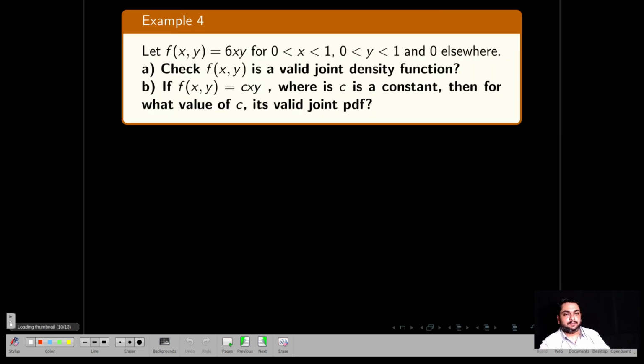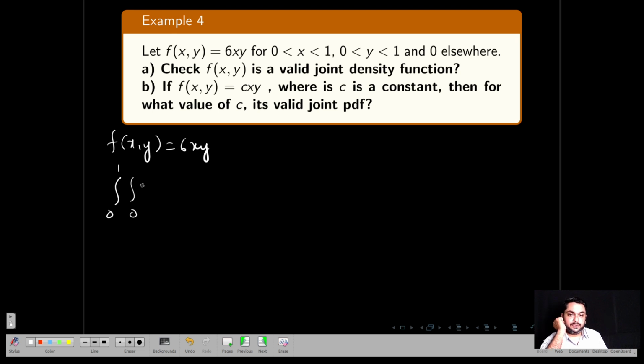Next, one more example we take. They are given f of x comma y equal to 6xy. They are asking you to validate: is it a valid PMF? Integral of both are again in the 0, 1, 0, 1 interval. 6 I will write outside, xy dx dy.